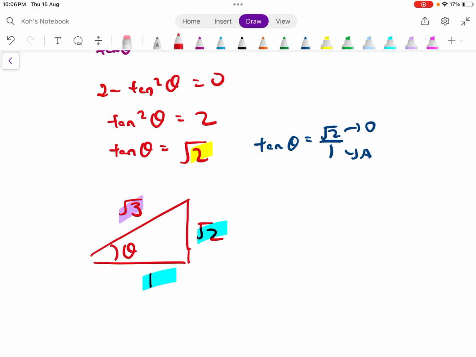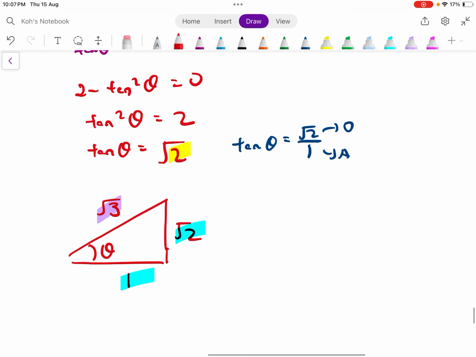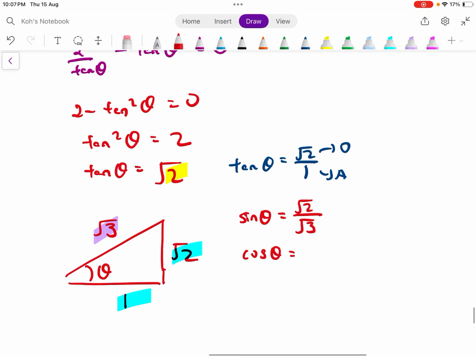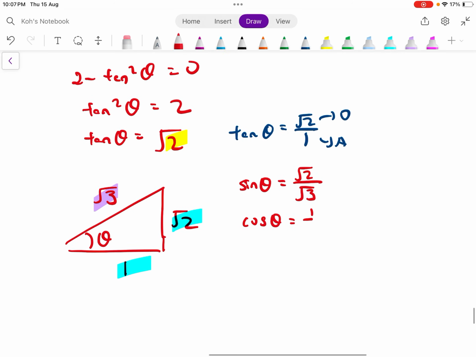Now I want to determine sine theta and cosine theta. You'll understand why later. Sine theta is square root 2 over square root 3, opposite over hypotenuse. Cosine theta is 1 over square root 3.